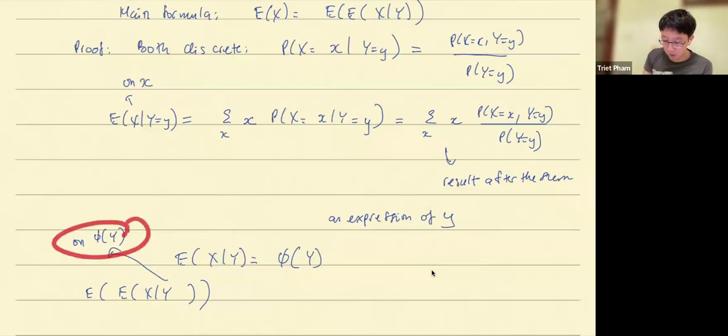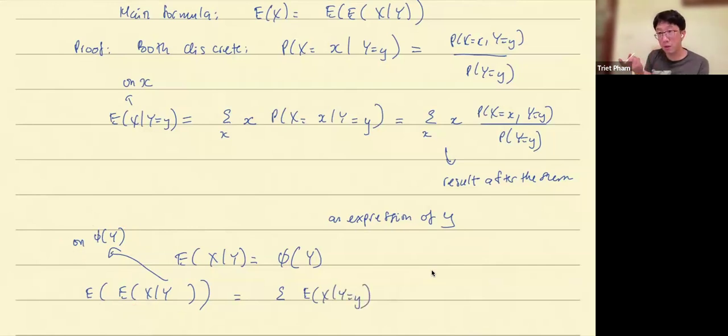But you're performing it on this expression, which is in terms of y. So you sum over all possible values of this expression with what kind of probability? Well, this is a function of y, so it takes on certain values with probability y equals that value. You understand?